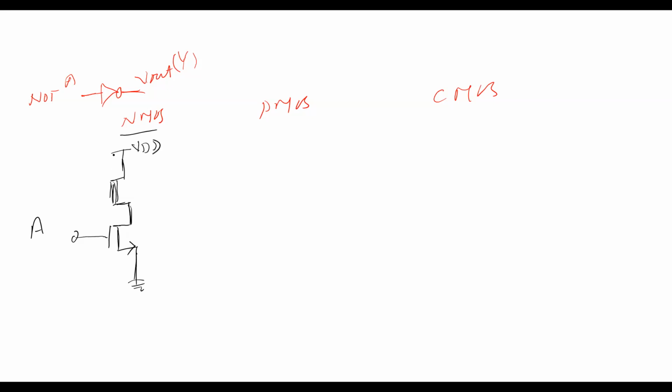In the NMOS technology, the drain is connected to VDD, and the gate is connected to the source of the depletion. This is the source of depletion, and this is the source of the enhancement. You can take the output here, say Y.